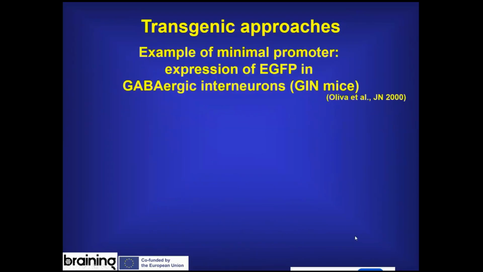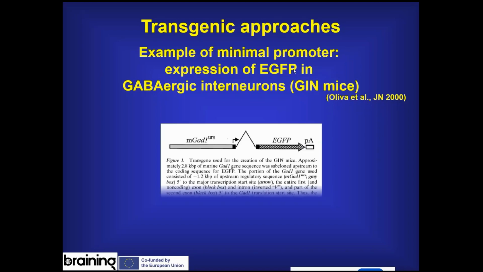However, in neuroscience, this technique has been used, and in 2000 the first transgenic mouse that is nowadays used in neuroscience was published, called the GENSAT mice, meaning GABAergic interneuron mice. To visualize these neurons, they wanted to express an exogenous protein called GFP, enhanced green fluorescent protein, a protein from jellyfish that upon UV shines green light.